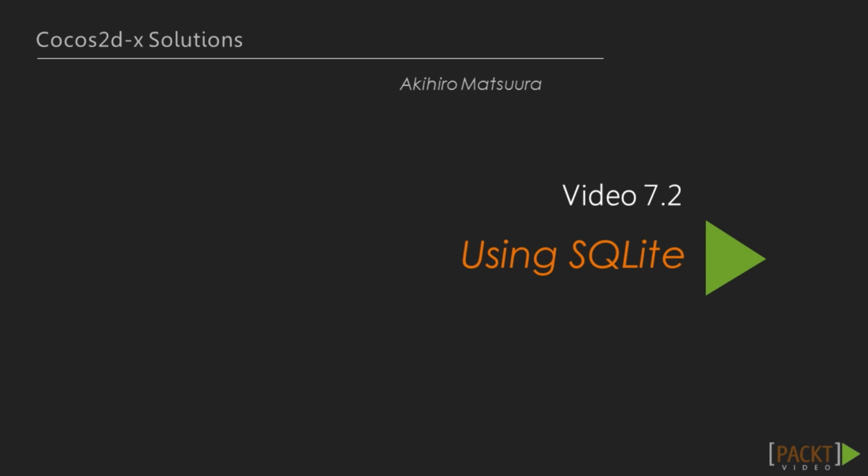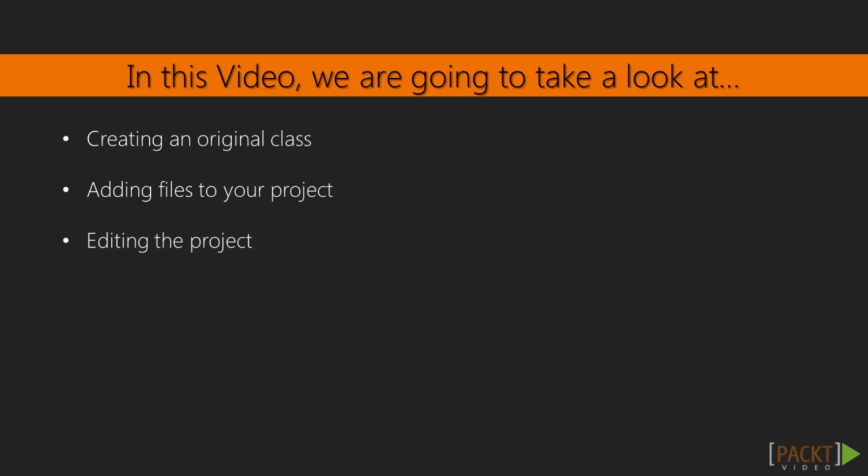Previously, we saw how to select and manage resource files. In this video, we'll see how to set up and use SQLite in Cocos2d-x. We will start by creating SQLite Manager. Then, we will add files and edit the project. You can save and load game data easily by using the database in your game.